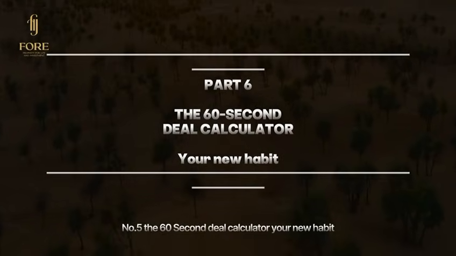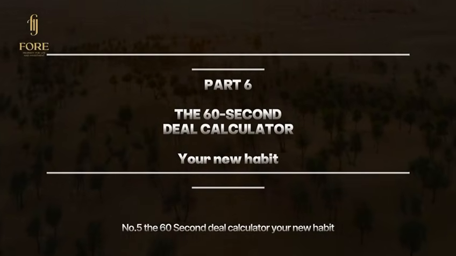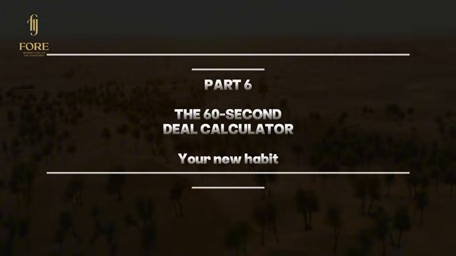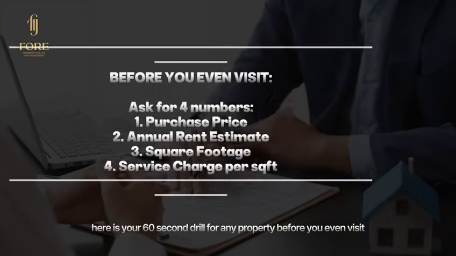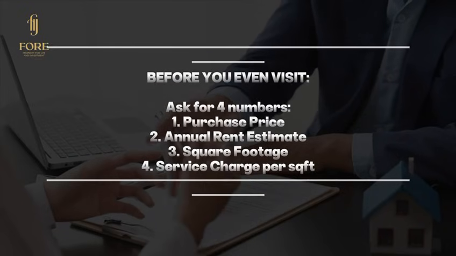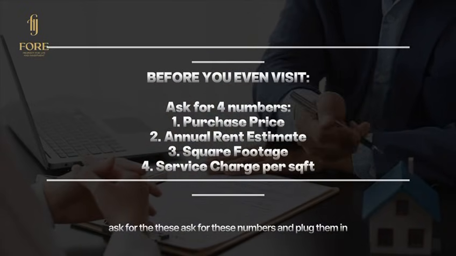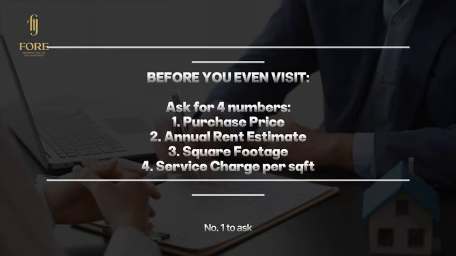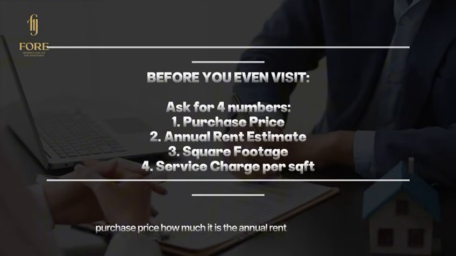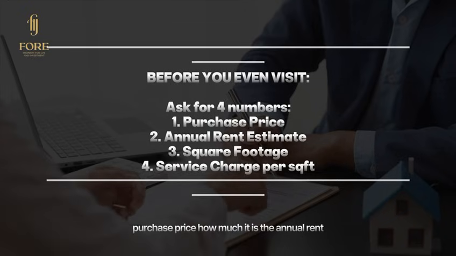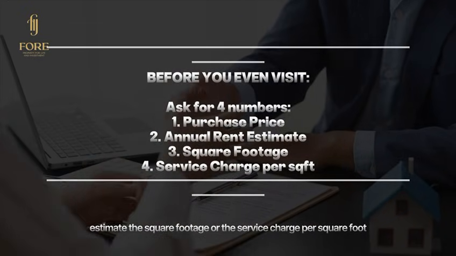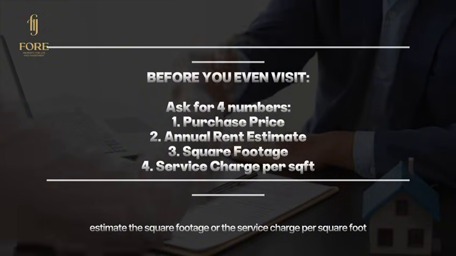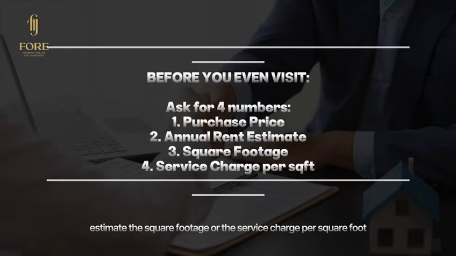Number 5, the 60-second deal calculator, your new habit. Here is your 60-second drill. For any property, before you even visit, ask for these numbers and plug them in. Number 1 to ask: purchase price, how much it is, the annual rent estimate, the square footage, or the service charge per square foot.